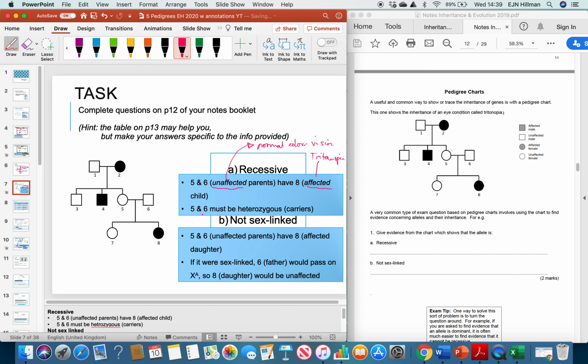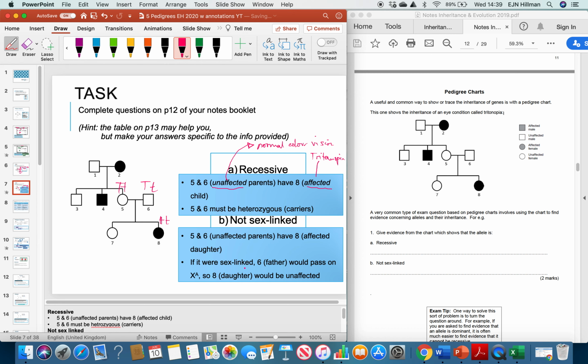So recessive, so 5 and 6 must be heterozygous carriers. We said that already, we said that they must be heterozygous. And number 8 must be homozygous recessive. Not sex-linked, 5 and 6 unaffected parents have 8 an affected daughter.